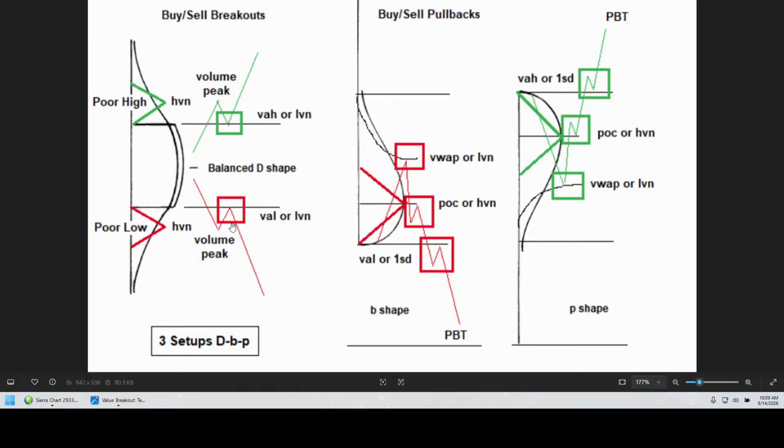In other words, it didn't bounce back up into the range above the value low. It didn't reclaim it. And what happened during that period where it broke down through? It started building some volume, a high volume node. We're going to show that in a moment with the real charts.